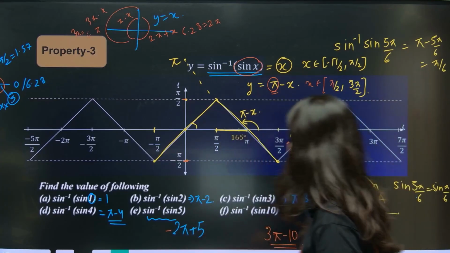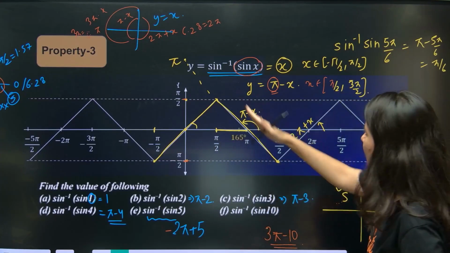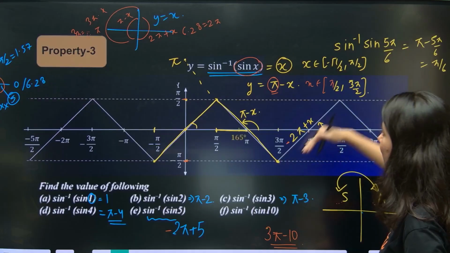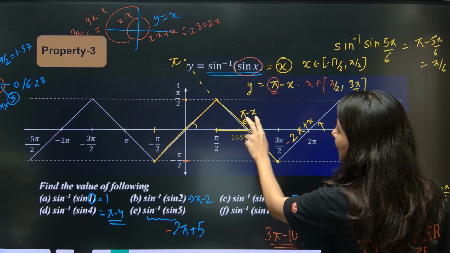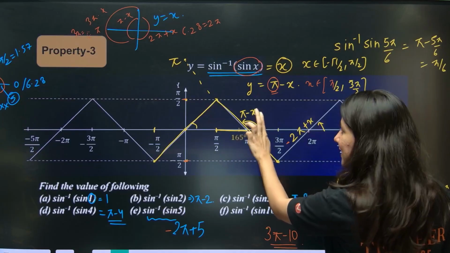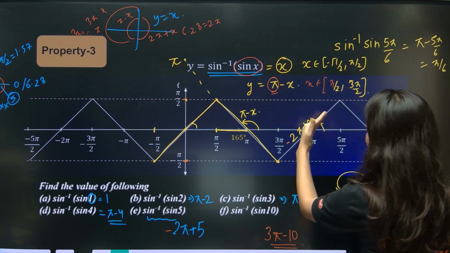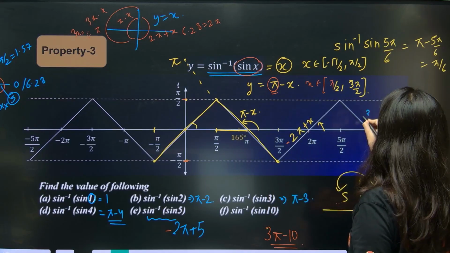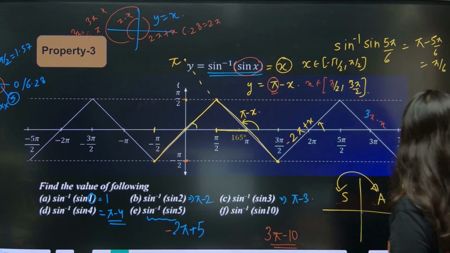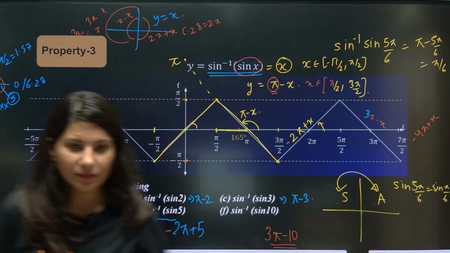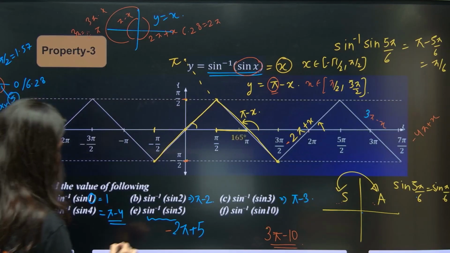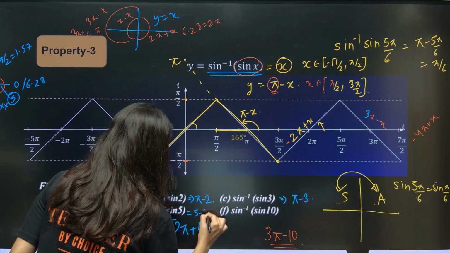So this is pi minus x. Then this is minus 2 pi. See, both the signs will get reversed. You add pi, so this will be 2 pi minus x. Now this will be 3 pi minus x. Next will be minus 4 pi plus x, like that. Sorry, my bad. So I think this one will be 5 minus 2 pi.